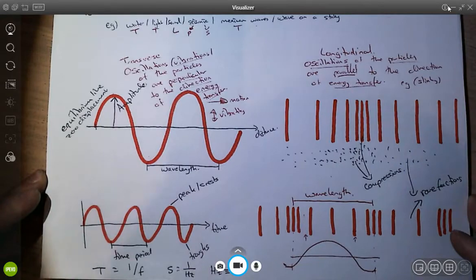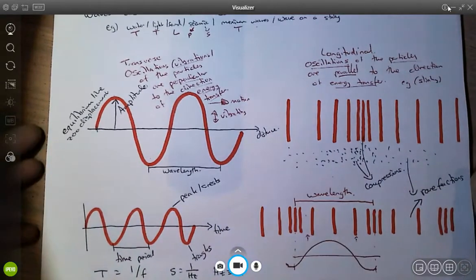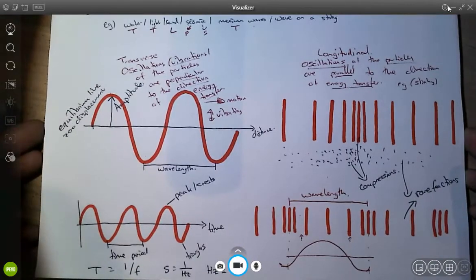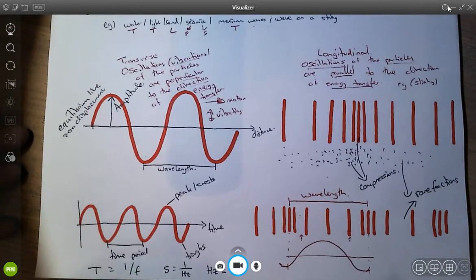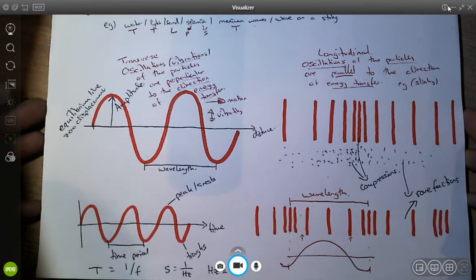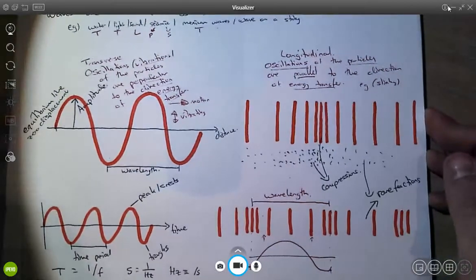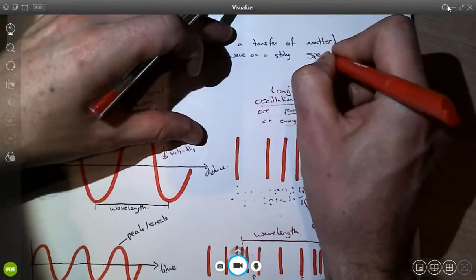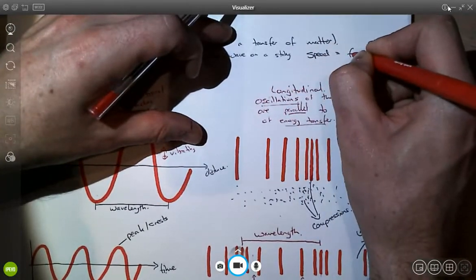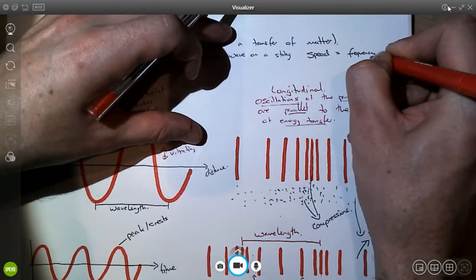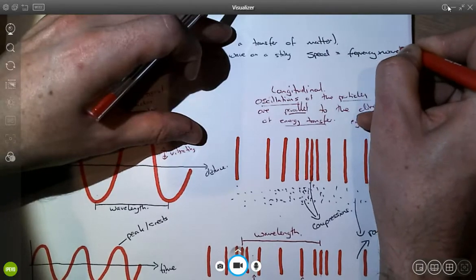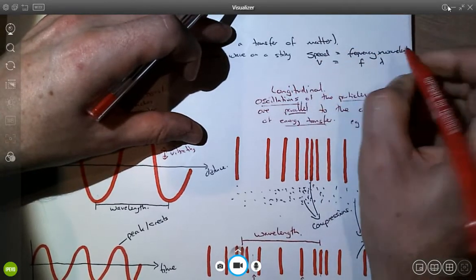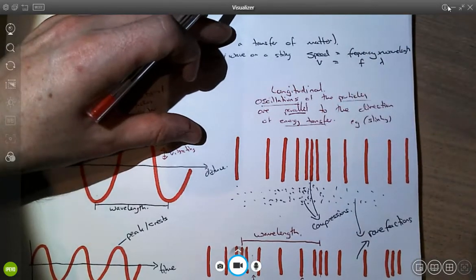And then the final thing that's worth mentioning is the relationship between speed and frequency and wavelength. So the speed of a wave is equal to its frequency times its wavelength. v = fλ, that's the Greek symbol lambda.